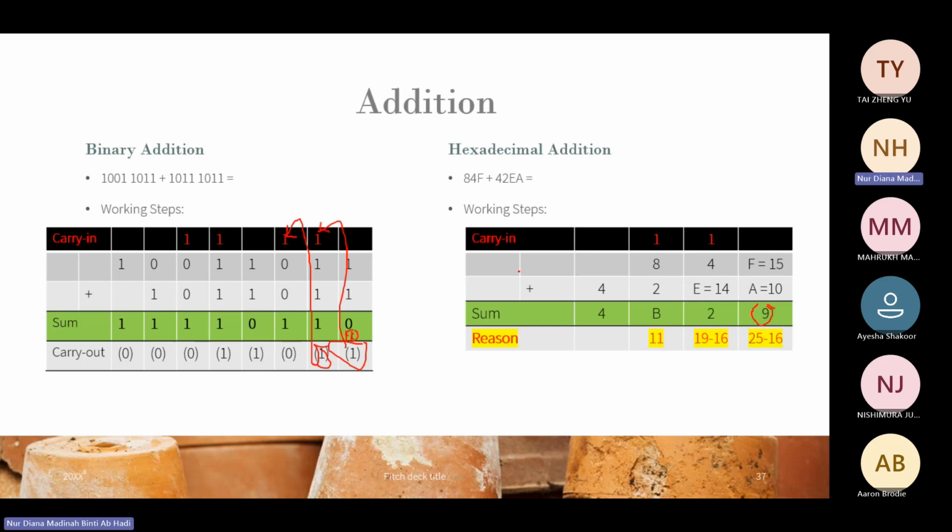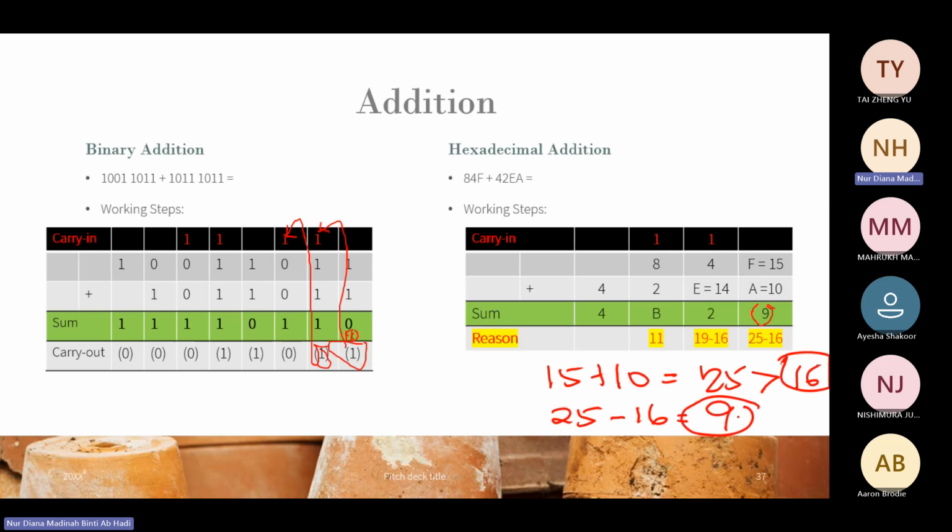Because 15 plus 10, you will get 25, right? So 15 plus 10 is equivalent to 25, where this one is already more than 16. Since it is more than 16, you need to minus 16 from 25, then you will get 9.